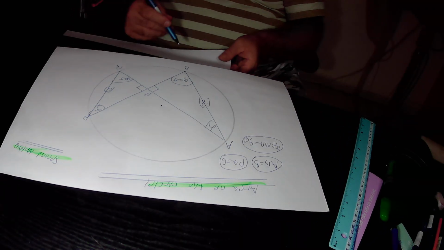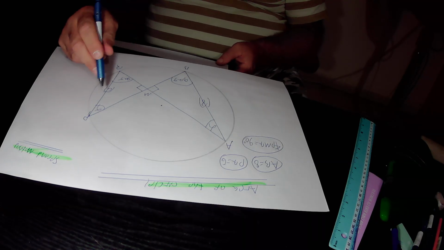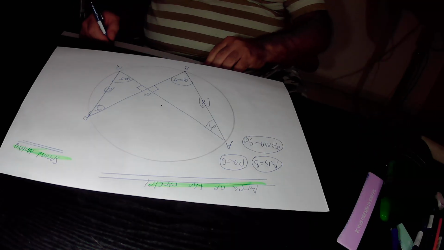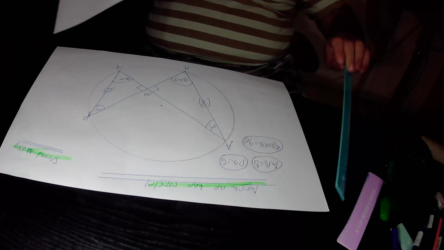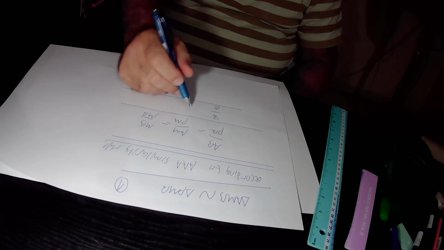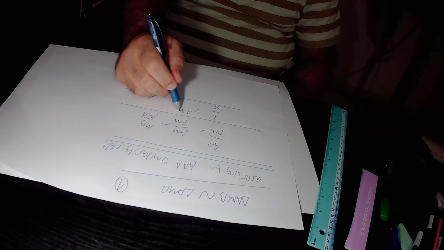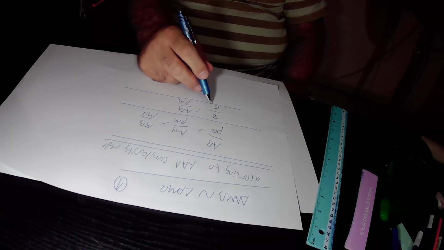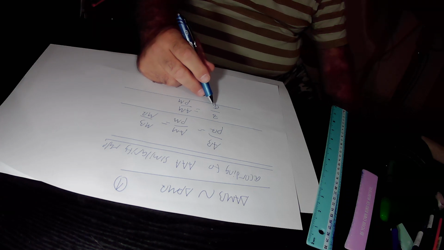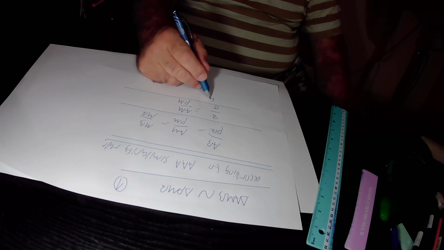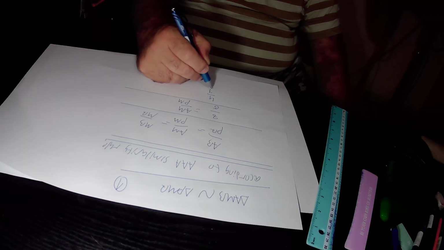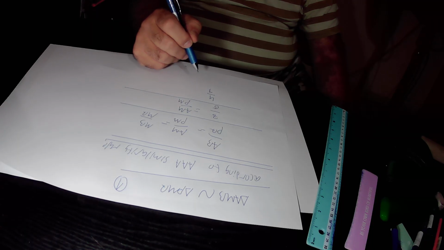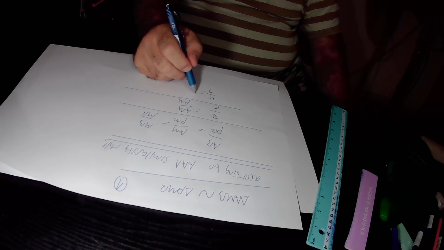AB is 8 over PQ. PQ is 6. So 8 over 6 equals AM over PM. Here we divide both the numerator and the denominator of this fraction by 2, and we get that 8 over 2 is 4 and 6 over 2 is 3. So 8 over 6 equals 4/3, and this equals AM over PM.